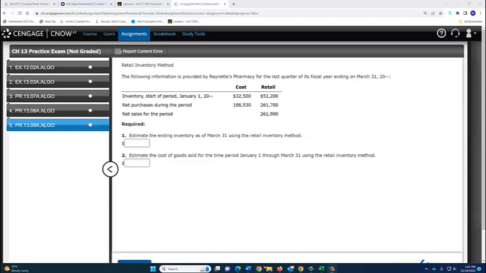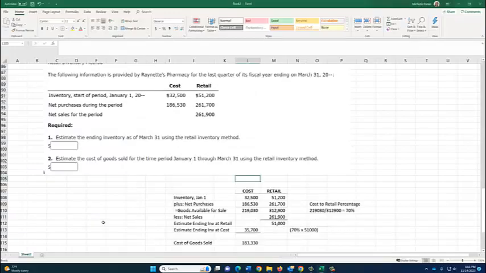If we have the figures we need at retail, we should be able to use those figures and figure out our ending inventory at cost. So I'm going to use these figures and I'm going to plug them right into the formula that we used for the gross profit method. And I've got those calculations on a spreadsheet.